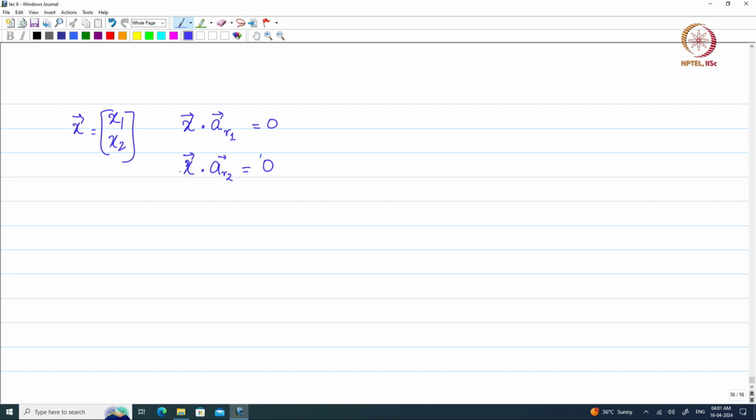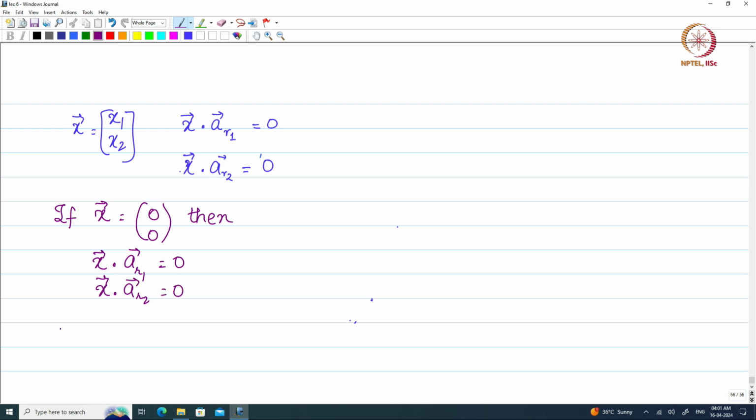Now one important thing is that it is pretty easy to figure out that if x were the 0 vector, then x dot ar1 is 0 and x dot ar2 is also 0. That is known.